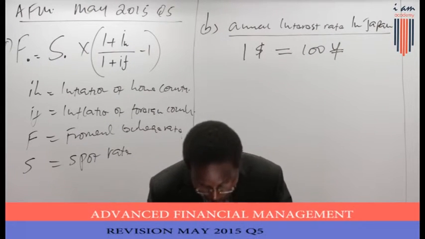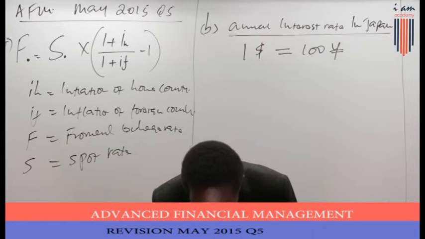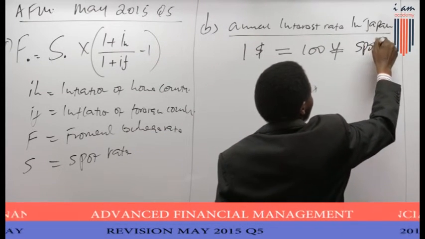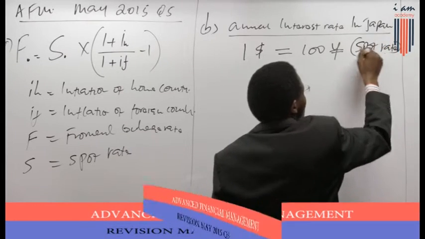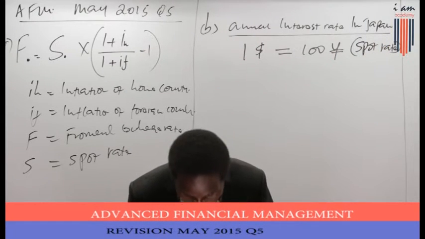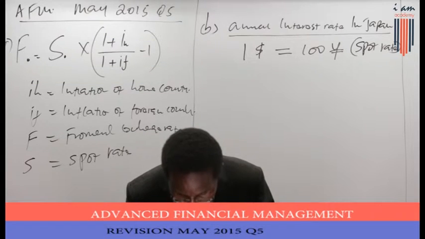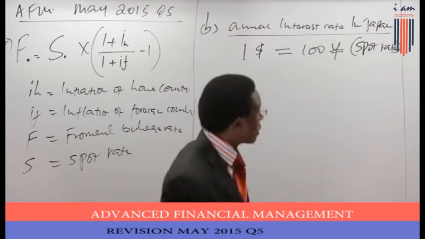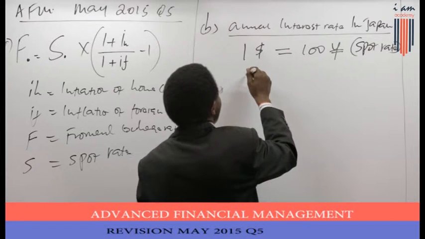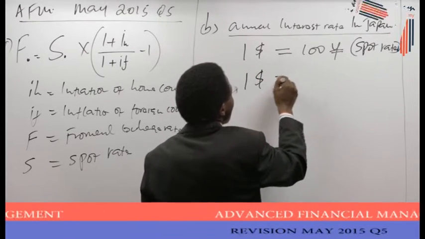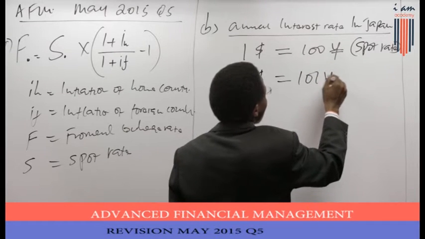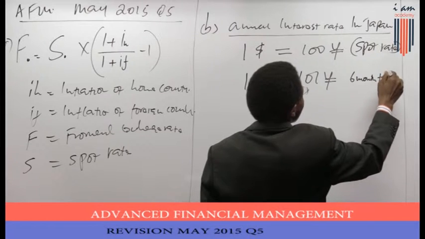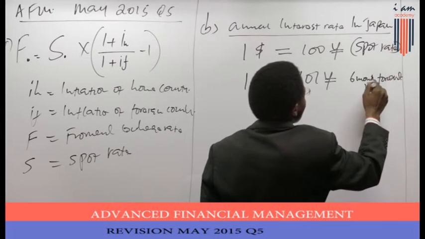That's what we have been told, and that is the spot rate. Then we have also been told that the 6-month forward rate equals 101 Japanese yen. So for the 6-month forward rate, $1 equals 101 Japanese yen.